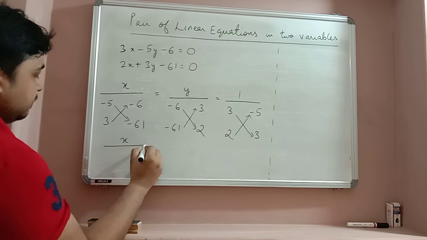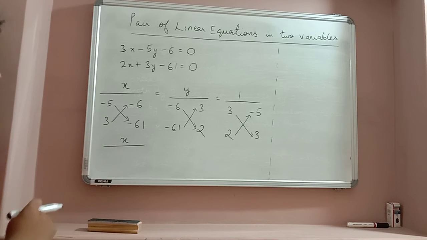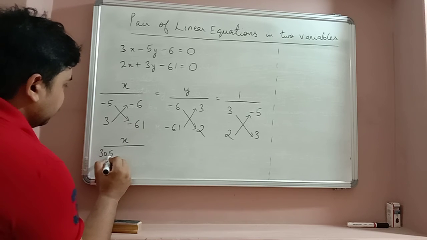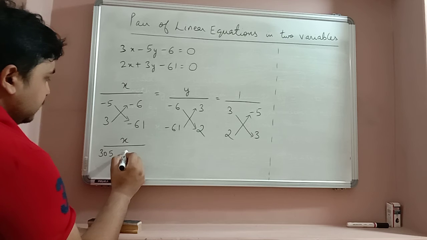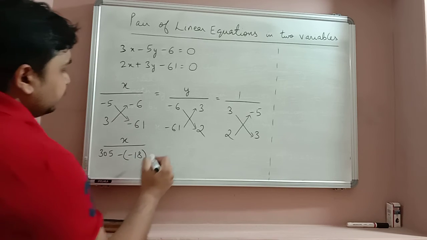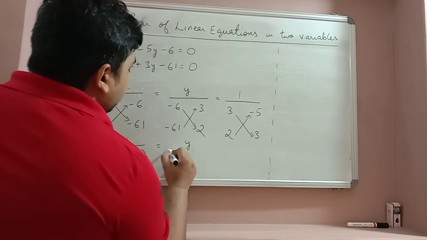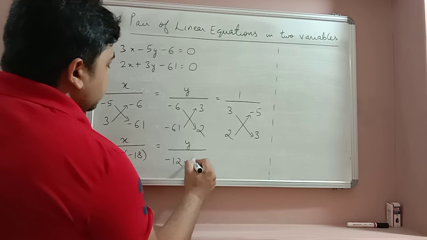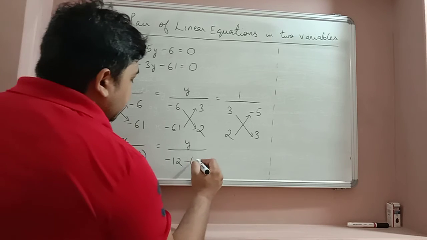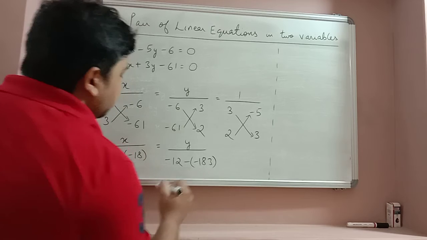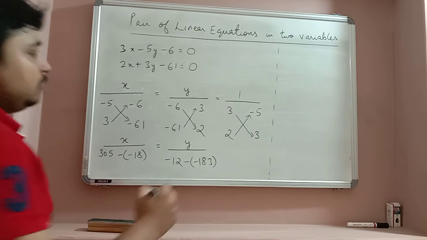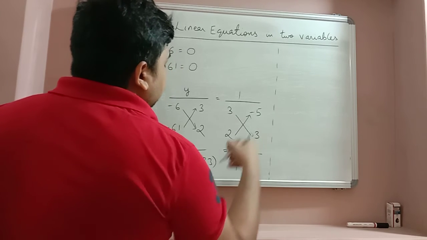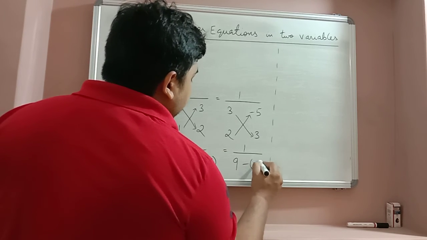So this becomes x divided by minus 5 into minus 61, that turns out to be 305, minus 18, equals y divided by minus 12, minus 61 into 3, that is 183, so minus 183, equals 1 divided by 3 threes are 9, 2 into minus 5, that is minus 10.